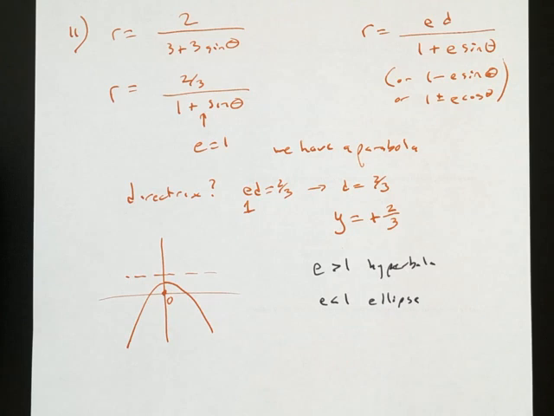Oh, you heard of it. In polar or in Cartesian? Okay. There is no A and C in a Cartesian equation for a parabola.